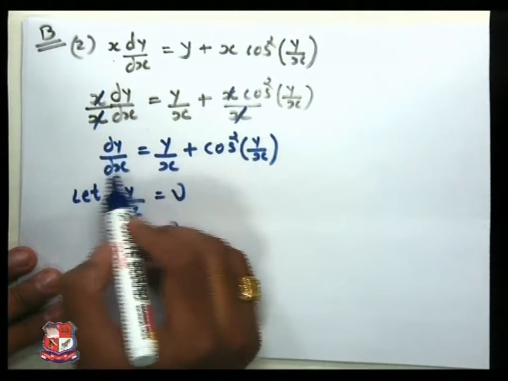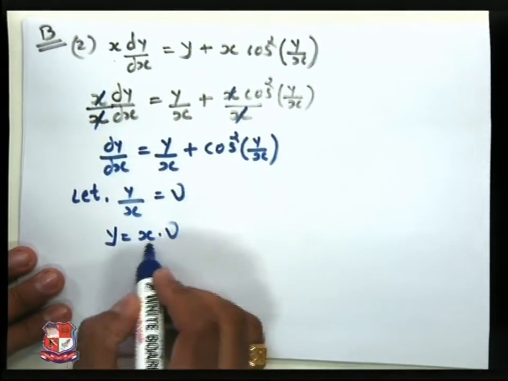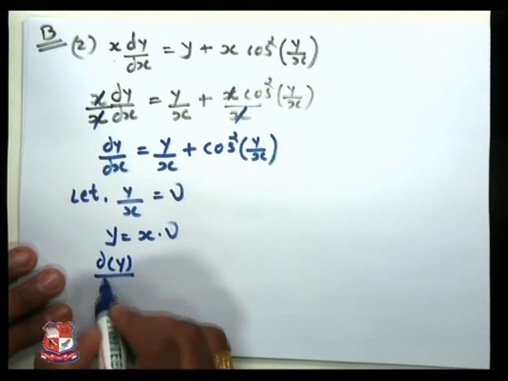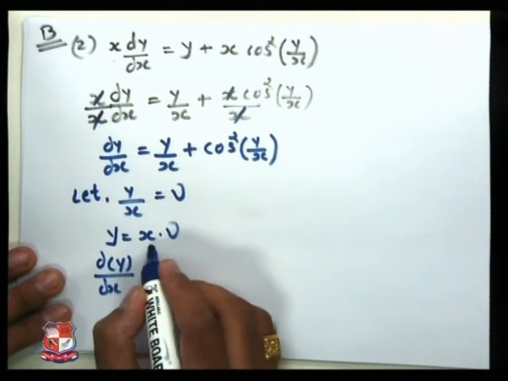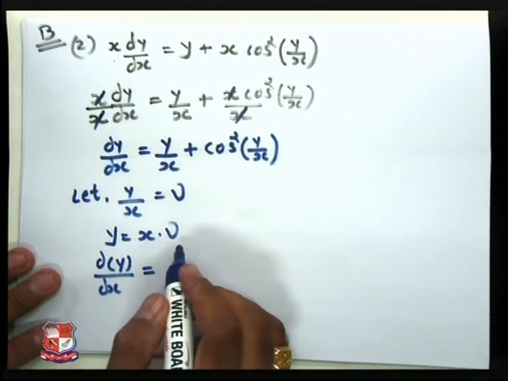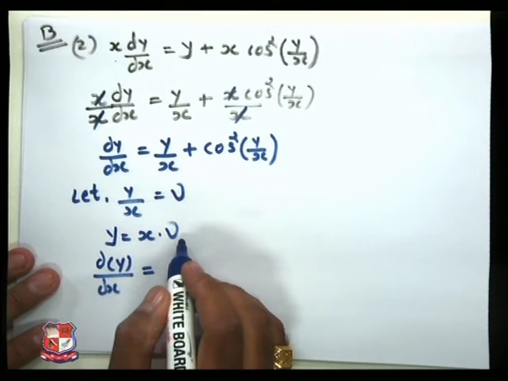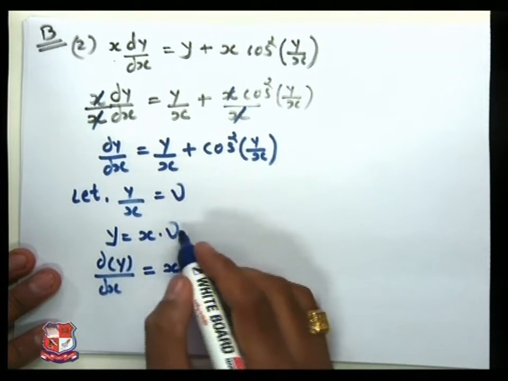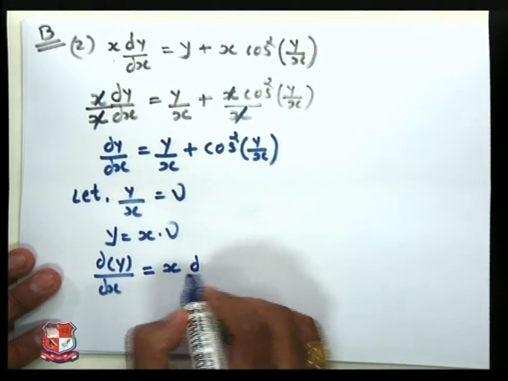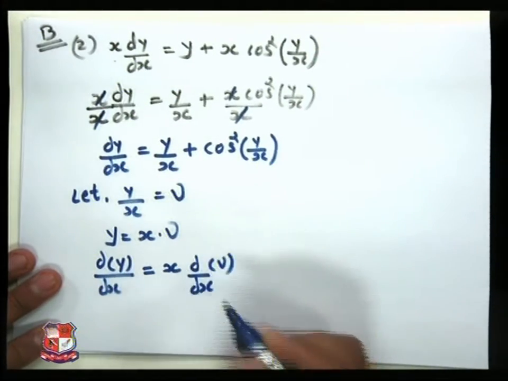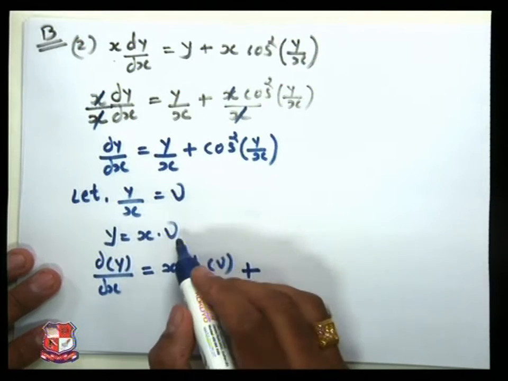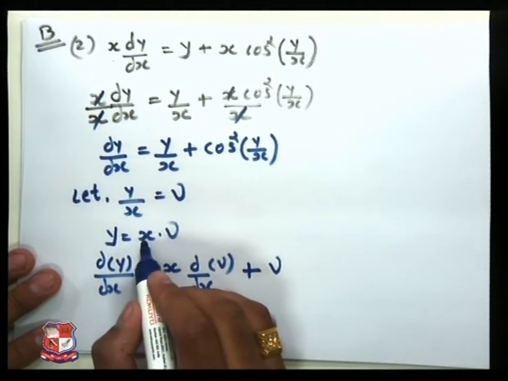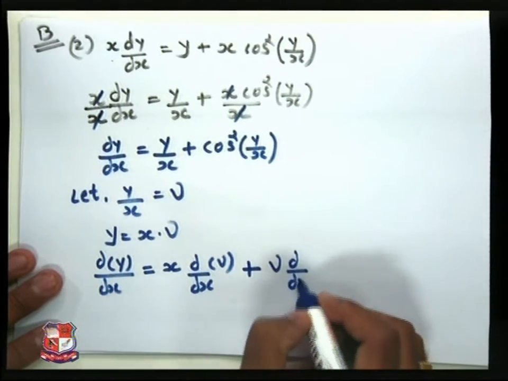We differentiate y is equal to xv with respect to x, so that becomes dy by dx is equal to x into v. We apply the multiplication rule of differentiation. First term x as it is, differential of the second term, that is d by dx of v, plus second term v as it is, and then differentiation of the first term, that is d by dx of x.